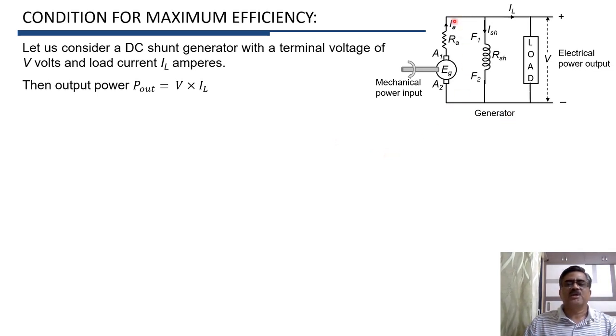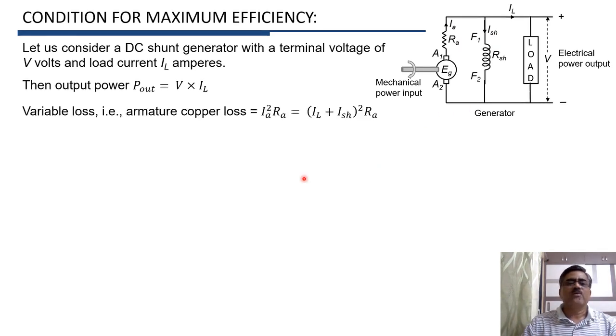Now the armature copper loss is variable loss, whereas iron, friction and windage, and shunt field winding copper loss, all these losses are constant. So here variable loss, that is armature copper loss, is equal to Ia square into Ra, because current through armature is Ia and resistance of armature is Ra.